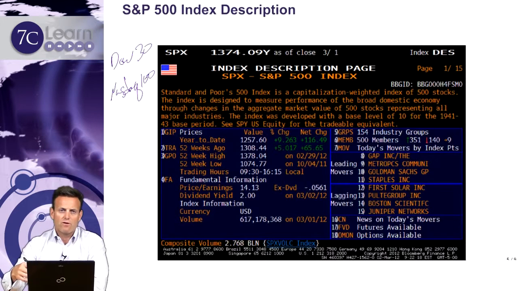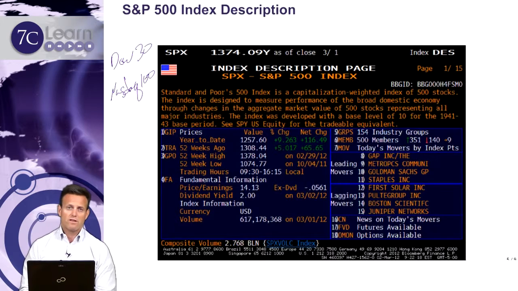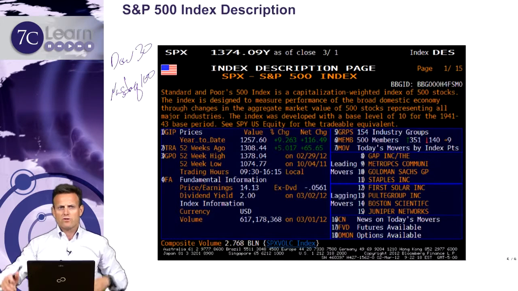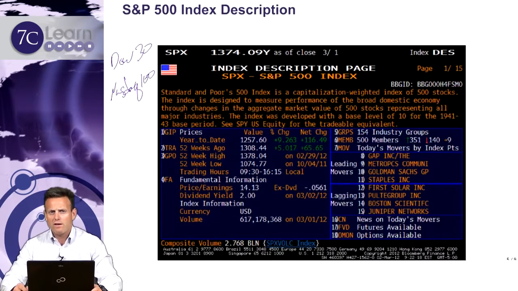So again, we just have to know that if we're comparing the performance of the NASDAQ 100 with the S&P 500, yes, they're both U.S. equity indexes, but they're going to behave slightly differently because of the methodology in which they were constructed.